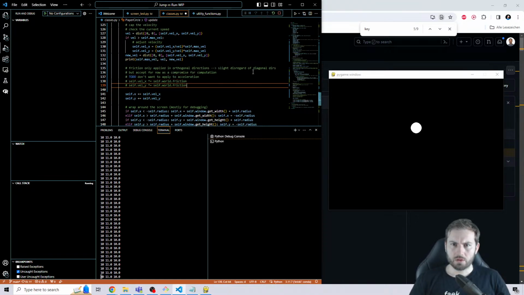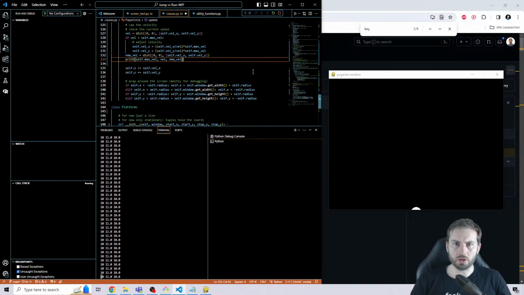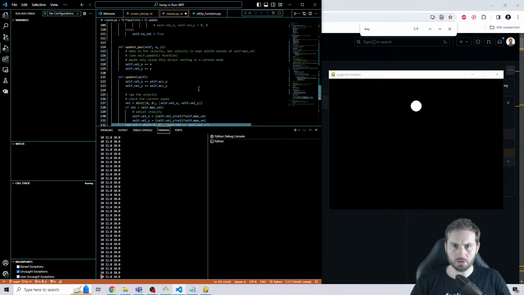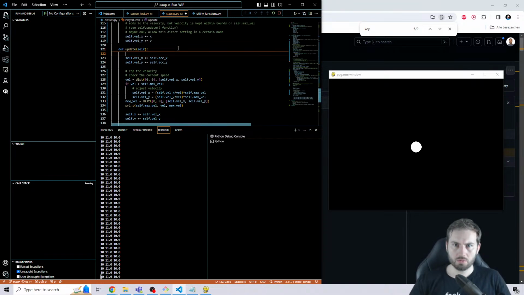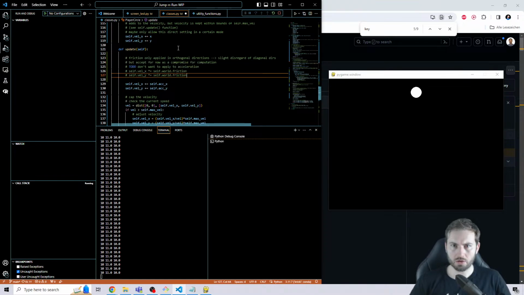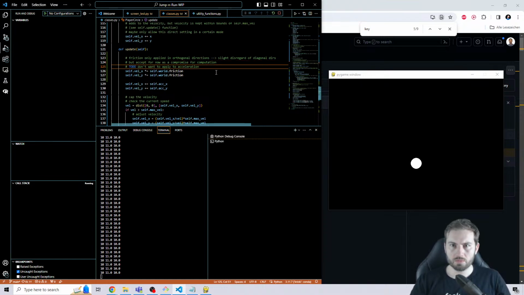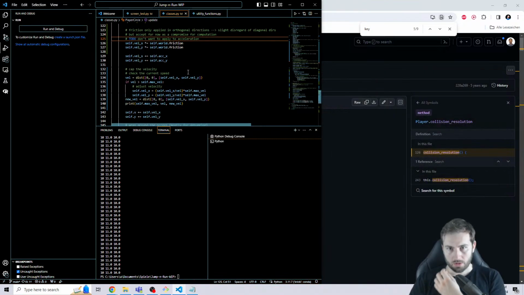So that means that the friction should go before, I guess, before the acceleration is applied. So that's okay for now.